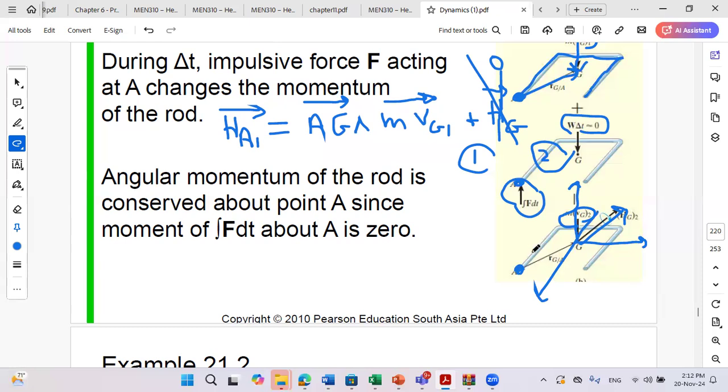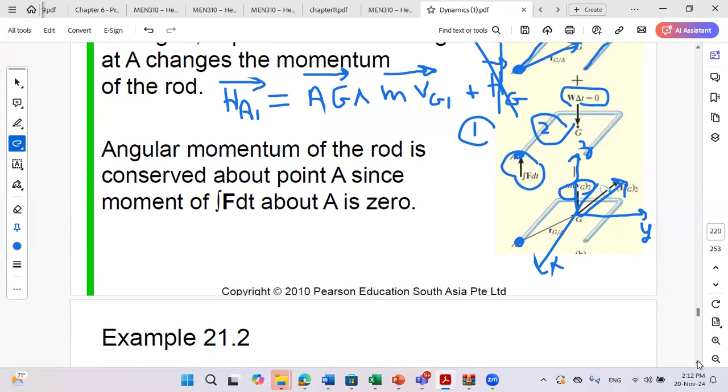If you take XYZ passing through G in this way, XZ is a plane of symmetry, and also XY is a plane of symmetry. So I can say that the three products of inertia in this system are equal to 0.